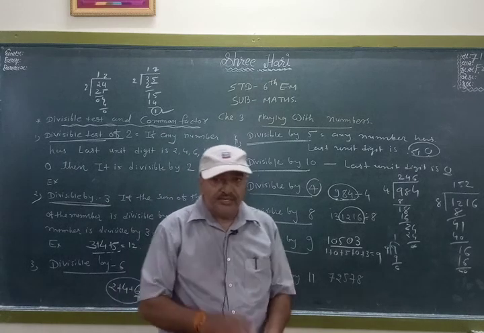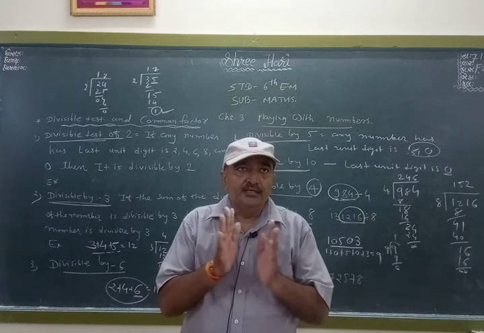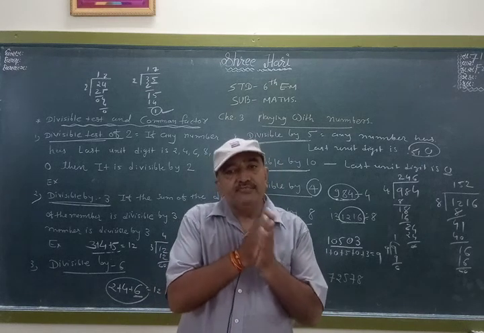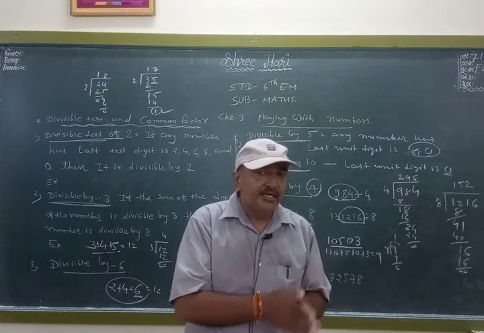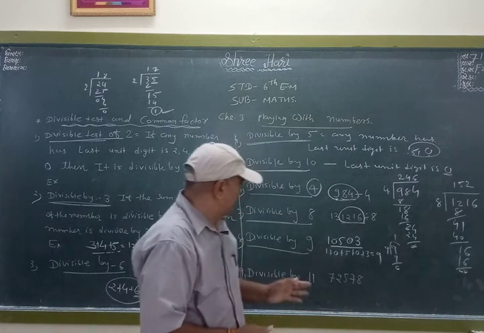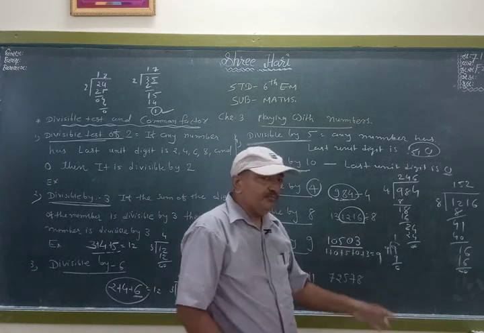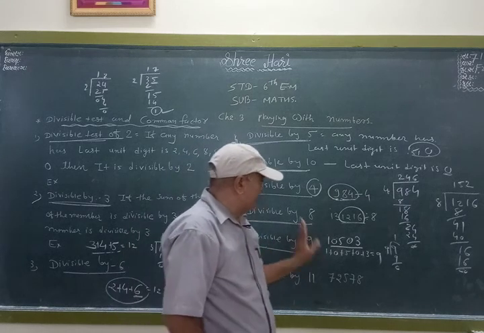The key of 3 and the key of 9 are the same. If the sum of all digits is divisible by 3, then the whole number is divisible by 3. Like this, if the sum of all digits is divisible by 9, then the whole number is divisible by 9.